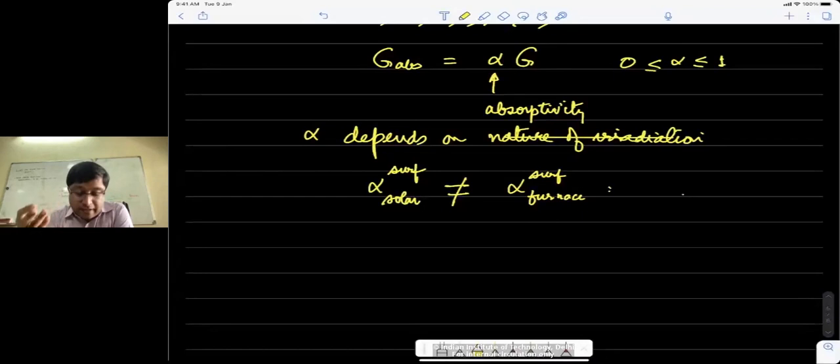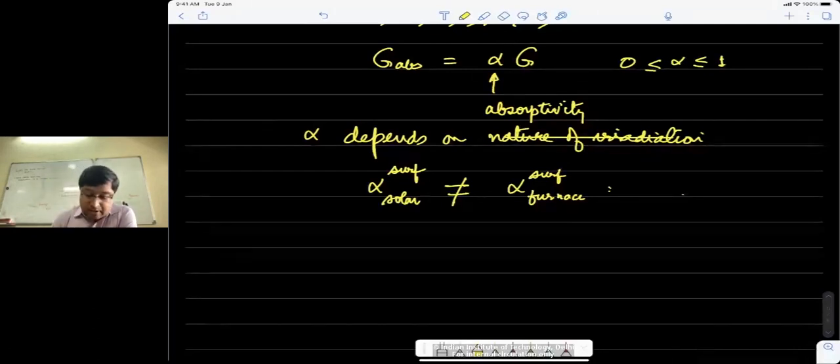It depends on the wavelength, and on the temperature of the thing that is emitting that radiation. That is the reason we talk about alpha of solar and alpha of furnace. For instance, solar radiation is emitted at about 5800 Kelvin. A furnace may be operating at 1200 Kelvin. So these need not be the same. They may be the same, but in general they're not. So when we talk about alpha, we have to determine alpha by looking at the source of the irradiation.